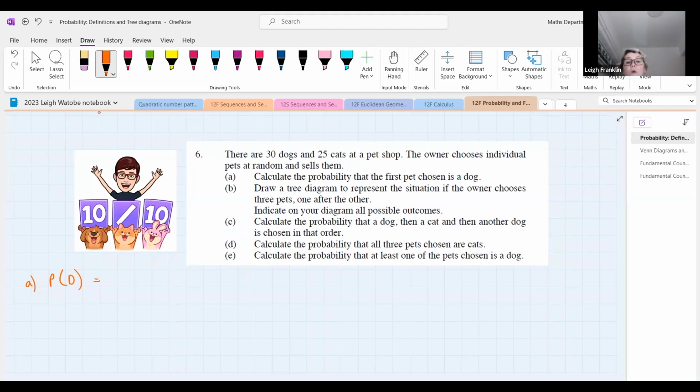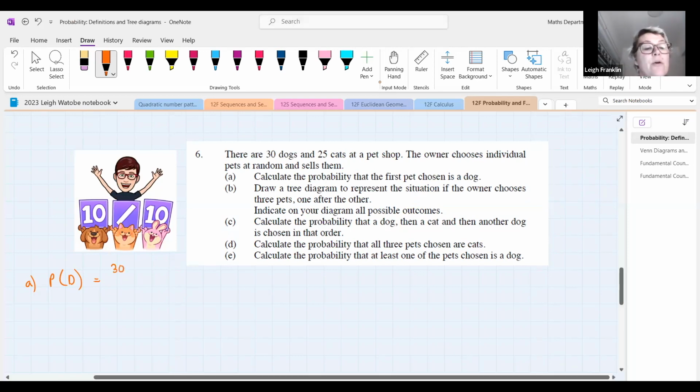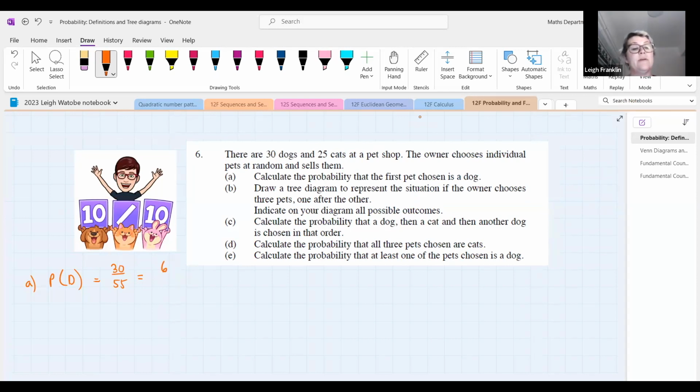Remember, it's how many dogs out of the total number of pets. So the probability of choosing a dog is 30 over 55. Good, well done. Then we would just have to simplify our answer. So 30 out of 55 gives us a 6 in 11 chance. Good, well done, perfect.